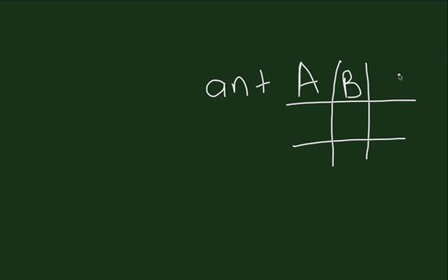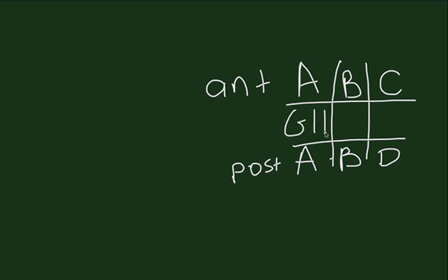There is a point B, and then there's a point C. We also have a point A on the posterior vaginal wall, a point B, and a point D. We also measure the genital hiatus, the perineal body, and the total vaginal length.